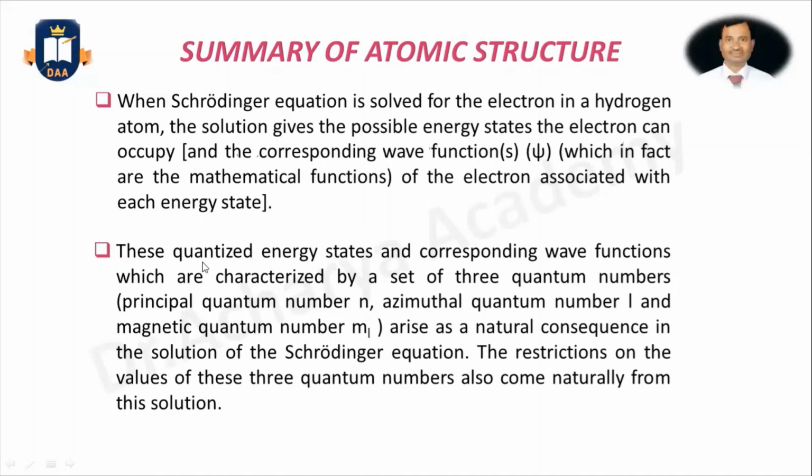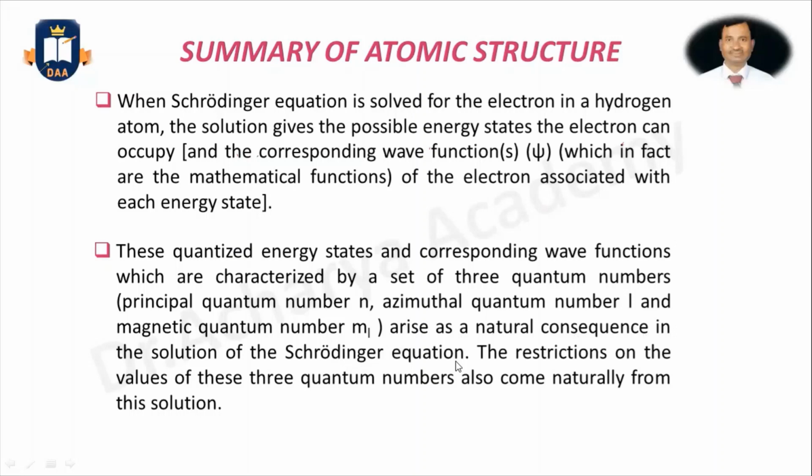These quantized energy states and corresponding wave functions are characterized by a set of three quantum numbers, that means the principal quantum number, azimuthal quantum number, and magnetic quantum number, and arise as a natural consequence of the solution of the Schrödinger equation. I already discussed this in detail in the previous class.